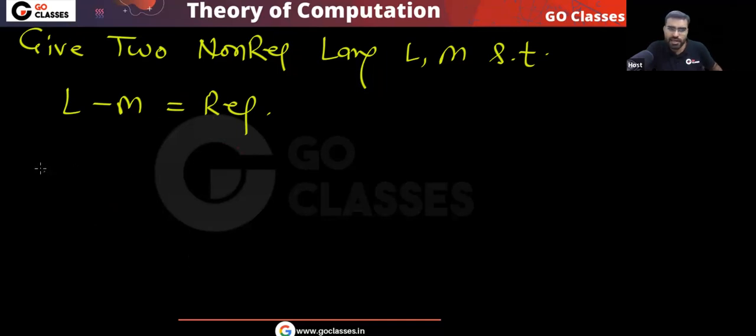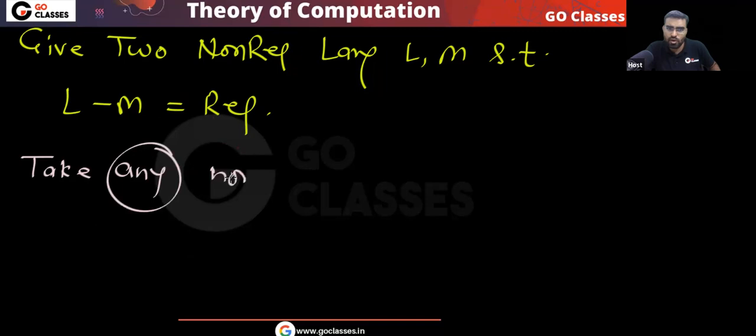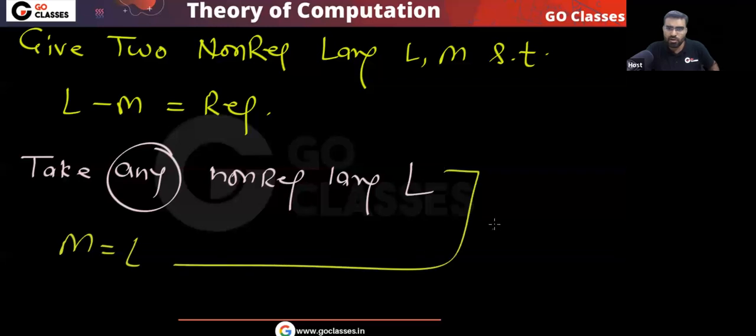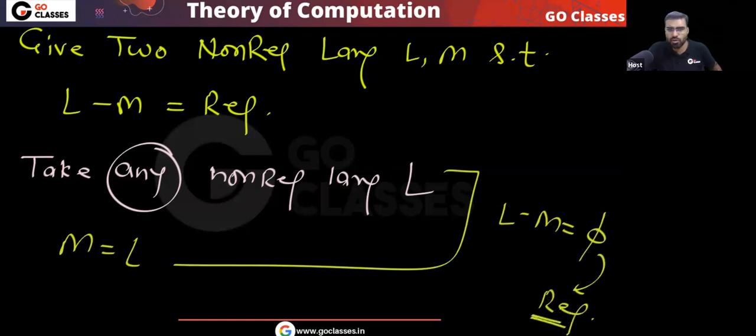You can take L equal to M. Take any non-regular language L and take M equal to L. Now you can notice that L minus M is phi, and this phi is regular.